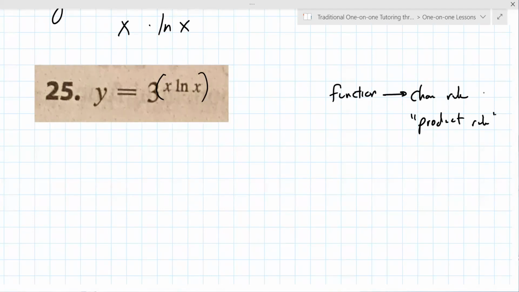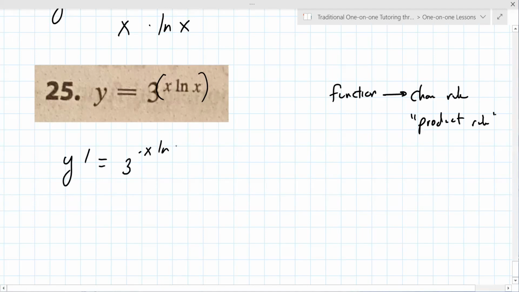Sometimes it's the power rule. So your derivative here is itself, 3 to the x natural log of x. You have to multiply by the natural log of 3 always, whatever the base is.